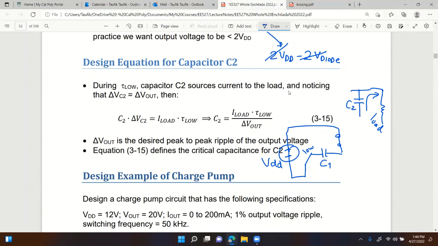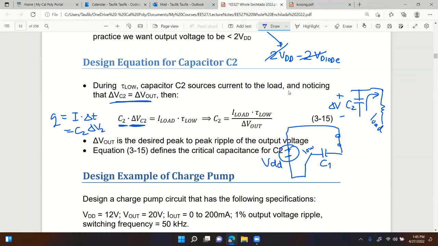And therefore, the change in the voltage across C2, delta V across C2, must equal the change in the voltage across the load, right? Now, from the Q equation again, Q is equal to I delta T, which is equal to C delta V. I can set them equal: C2 delta V C2, and I, during the low position of the switch.